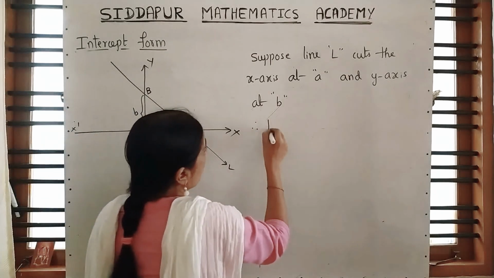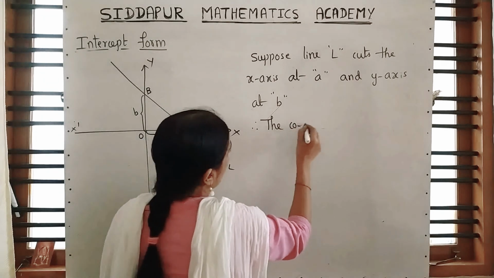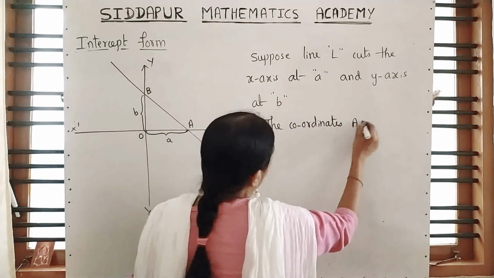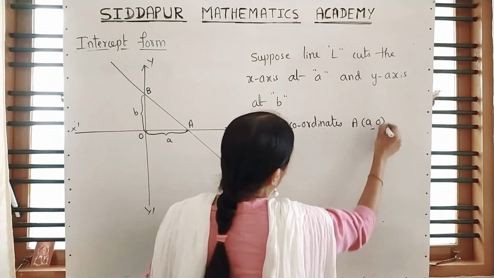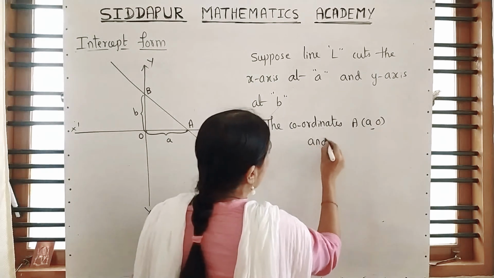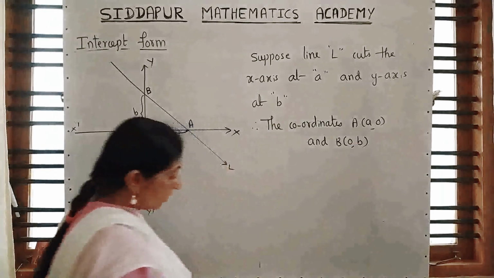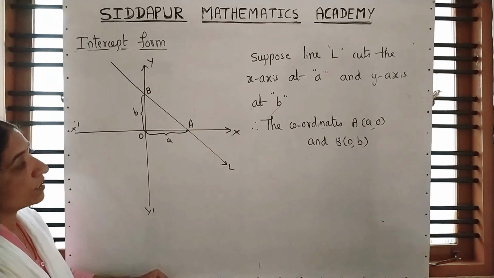Therefore, the coordinates of A are (a, 0) and B are (0, b). So these are the coordinates of the points A and B.